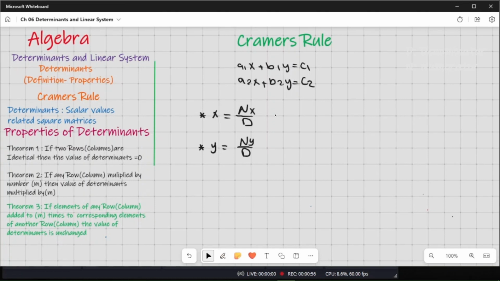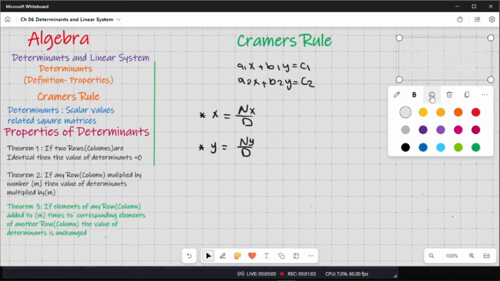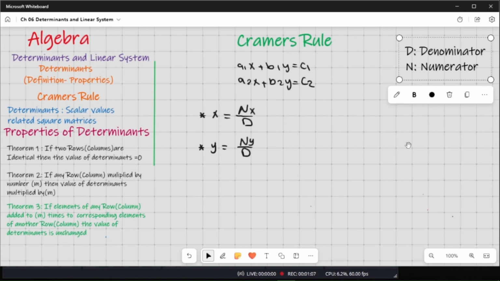Here n and d refer to numerator and denominator.